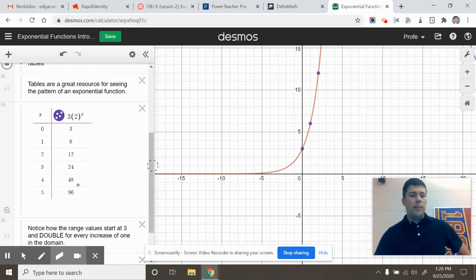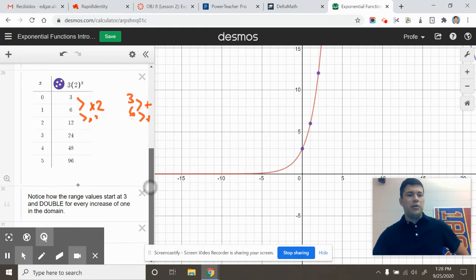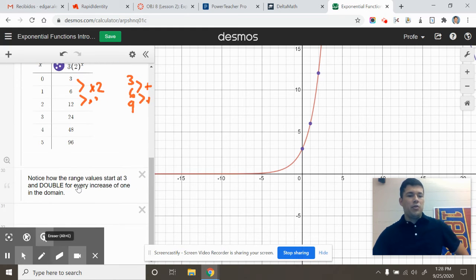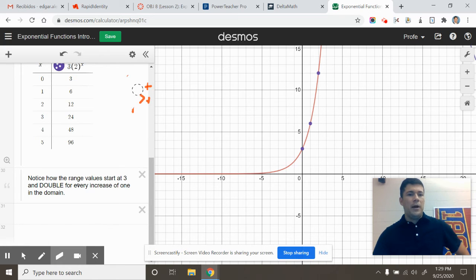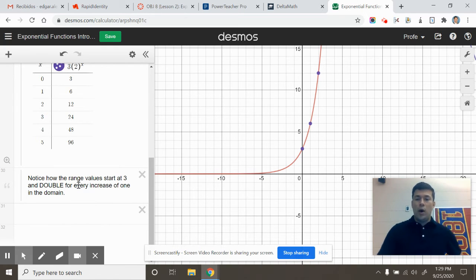So that is really the bulk of the lesson right there, that we need to understand the a value is my value at 0, and the b value is basically talking about my growth or decay factor. And as long as you know your y-intercept and maybe one other point, you are absolutely fine.